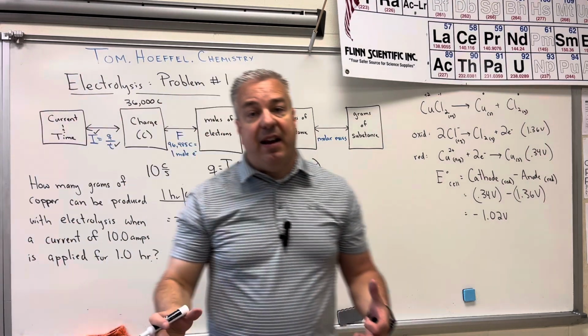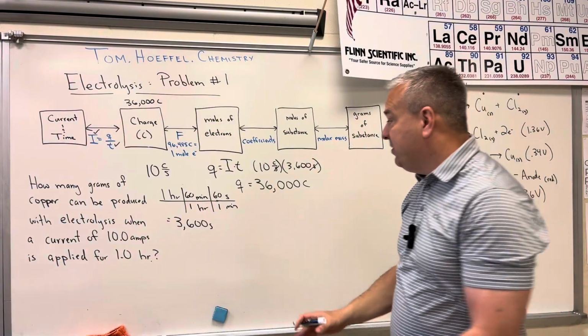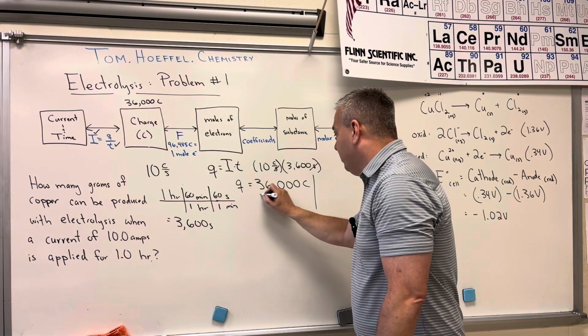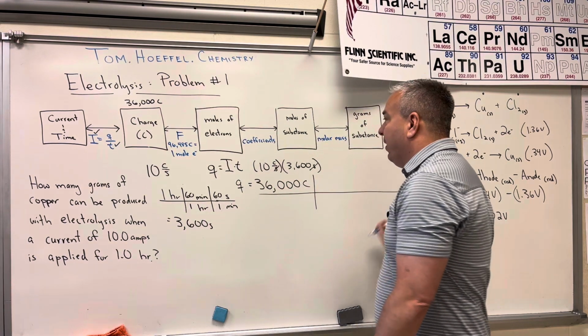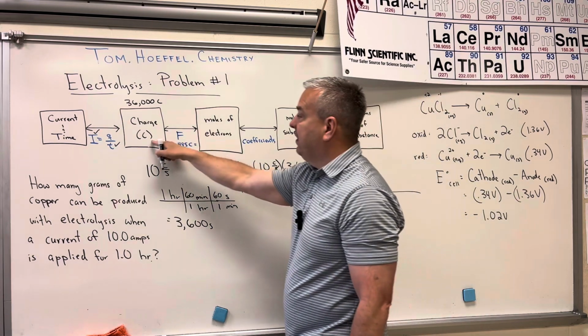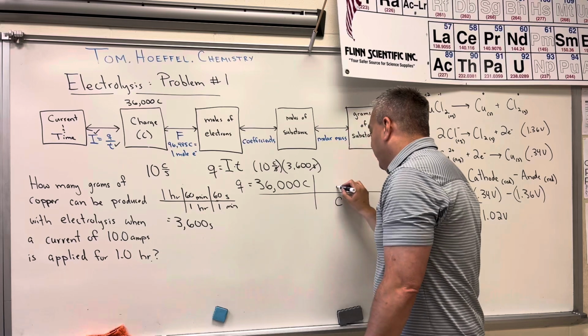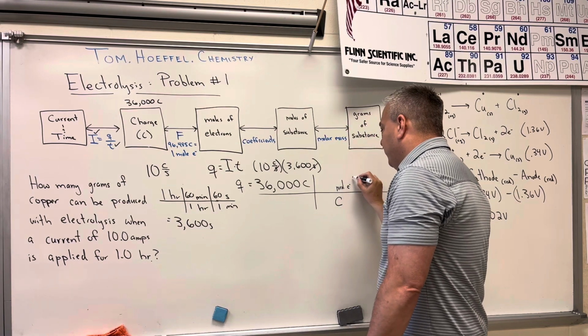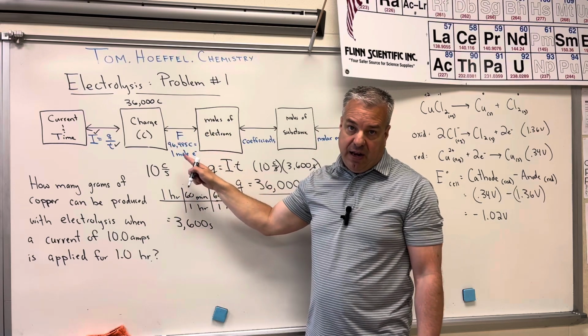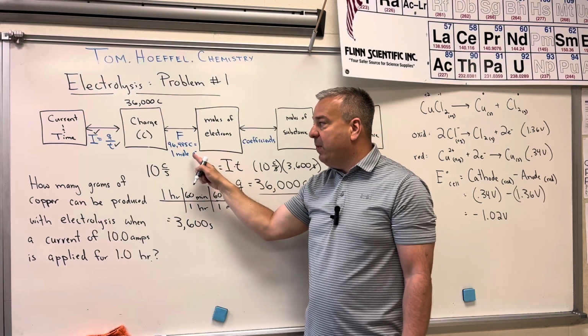From here on out, all I'm going to do is some dimensional analysis with this 36,000 coulombs. I'm going to put it in the upper left-hand corner, and I'm going to change the coulombs into moles of electrons. I do that using Faraday's constant. If you're in AP chemistry, this is on your AP equation sheet.